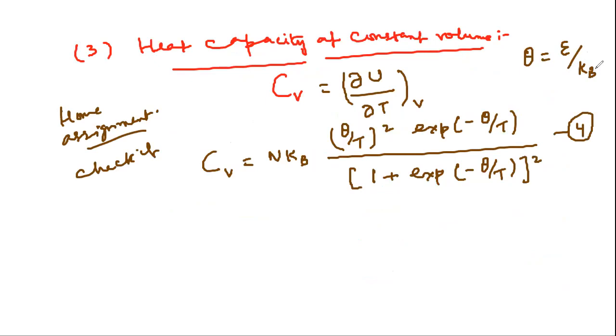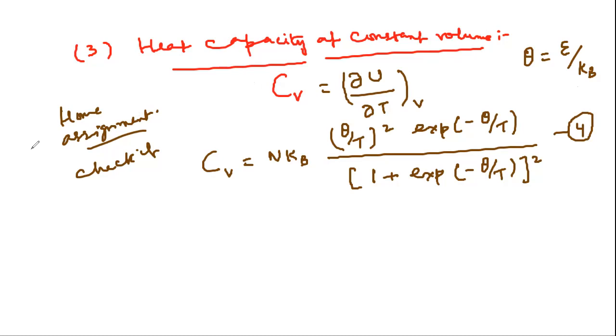Let me check this expression. Cv is equal to N kb times theta over T whole squared times exponential of minus theta by T, divided by 1 plus exponential of minus theta over T whole squared. Let us plot this result and see how it varies with temperature. So let me plot it and use another color for it.